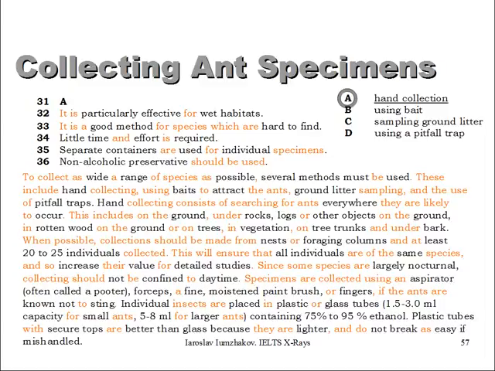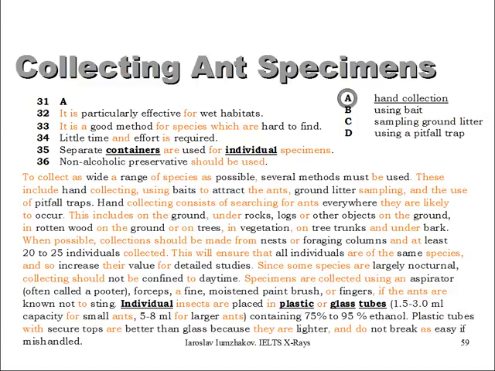Scanning the paragraph, at the bottom of it we spot individual insects are placed in plastic or glass tubes. So we find matches: individual, there, and plastic or glass tubes is a match for containers. And you see that I was right saying that plural words get plural matches. So here is the answer, 35A.